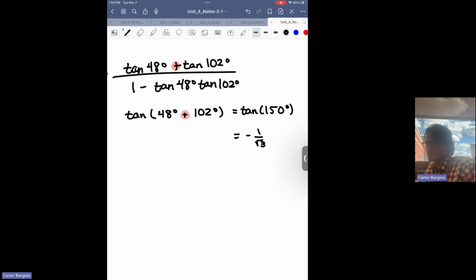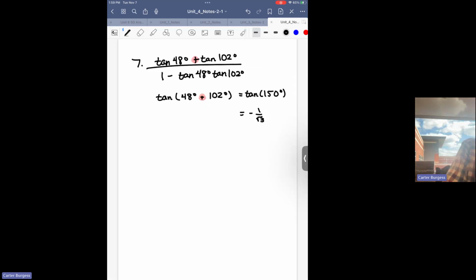Okay, the tangent one's not too bad. Sine and cosine are a little bit trickier, in determining whether we're looking at sine versus cosine. So for instance, if I'm looking at number 8, where we are told that cosine of 300 degrees times cosine of 15 degrees, we're trying to evaluate, minus sine of 300 times sine of 15.